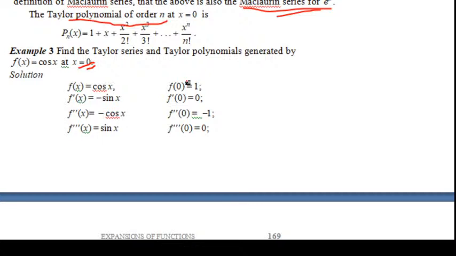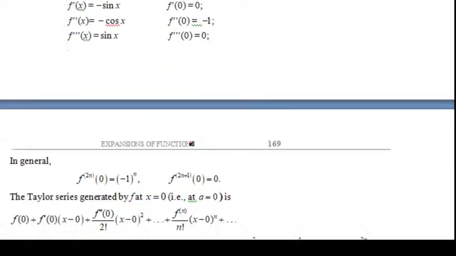What is cos 0? Cos 0 is 1. F prime of x is equal to negative sin x. So f prime of a is equal to f prime of 0, which is negative sin 0, equal to 0. F double prime of x is equal to negative cos x. That is, f double prime of 0 is equal to negative 1. F triple prime of x is equal to sin x. F triple prime of 0 is equal to sin 0, which is equal to 0.